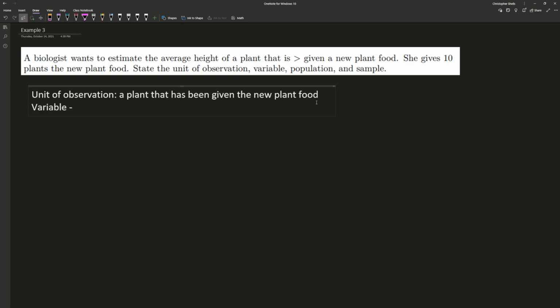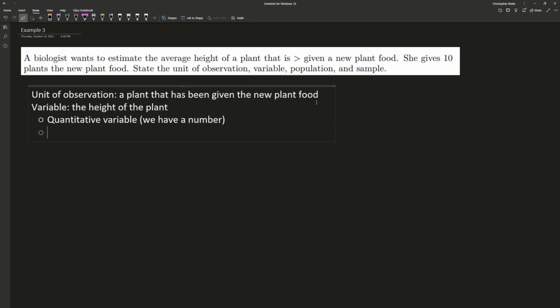Our variable here is going to be the height of the plant. And in this case, this is a quantitative variable. This is a quantitative variable because we have a number.